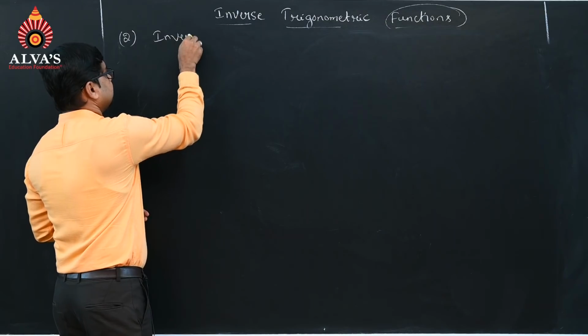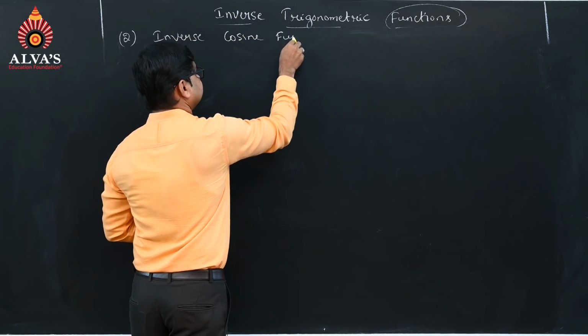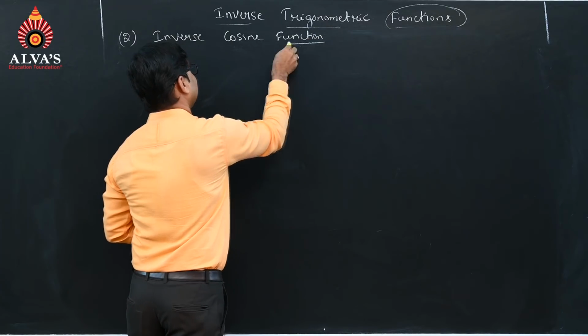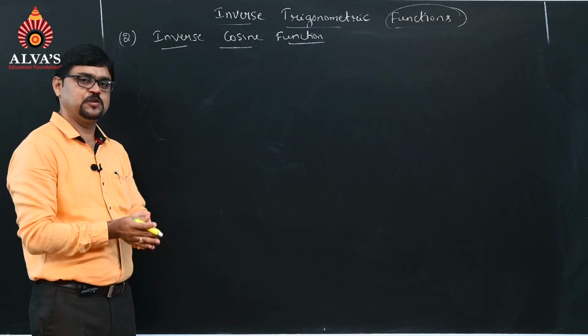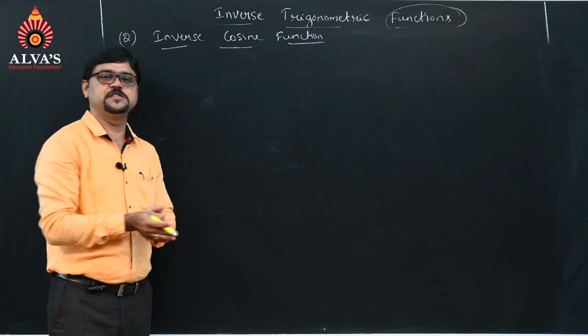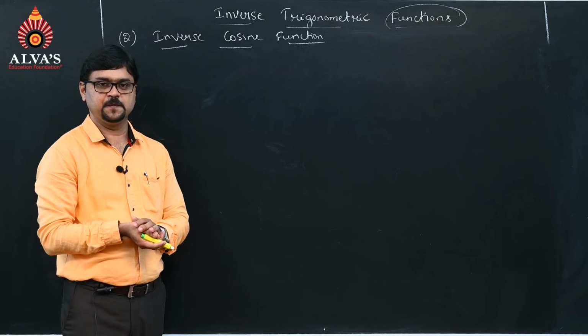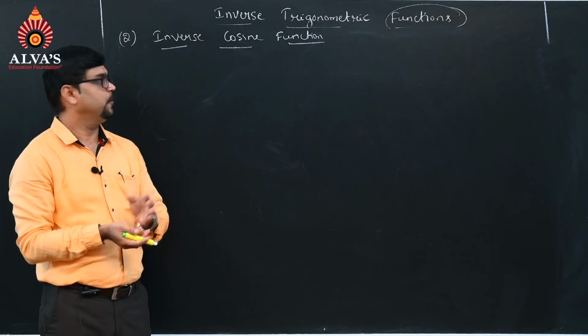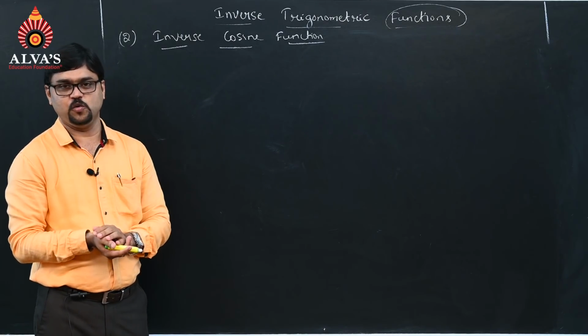inverse cosine function. It is also called arc cosine function. Here also we have to repeat the procedure we discussed in inverse sine function. Here also we have to check whether cosine function is one-one or onto.